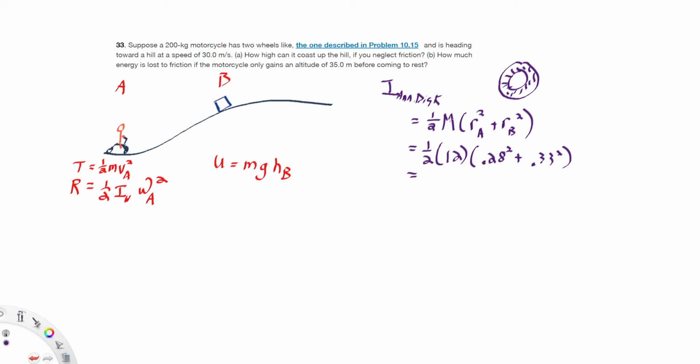And this expression for the moment of inertia of an annular disk, I had it in the back of my mind, but you could always look it up on Wikipedia. And I get a number of about 1.12 for the moment of inertia here.